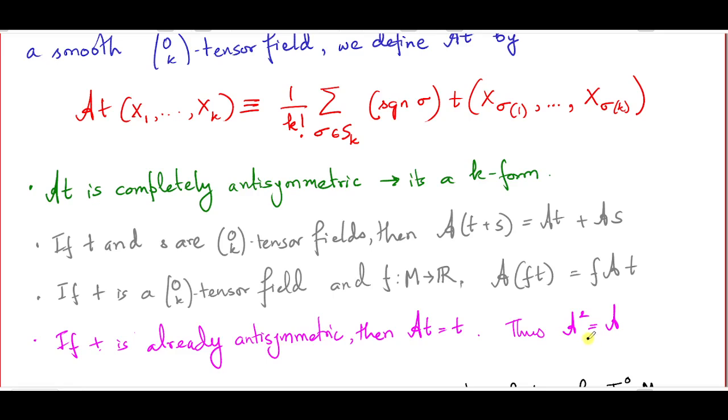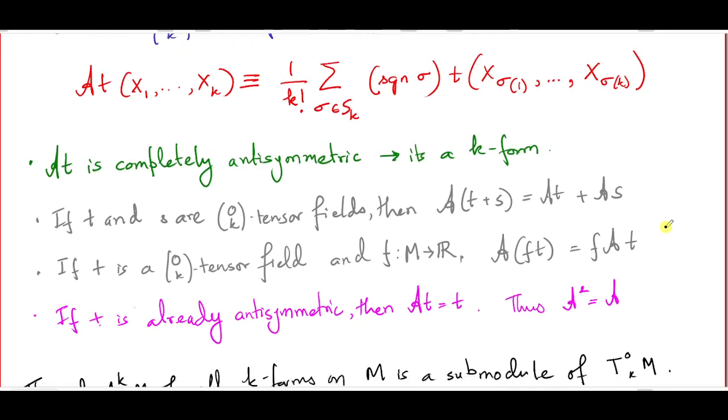Whatever happened in the first step, this complete antisymmetrization, if you keep on doing it over and over again, no further change is going to occur. So curly A squared as an operator is the same as curly A. Now this is going to be very important. In fact, all three of these properties are going to be very important in deriving many properties of these differential forms.